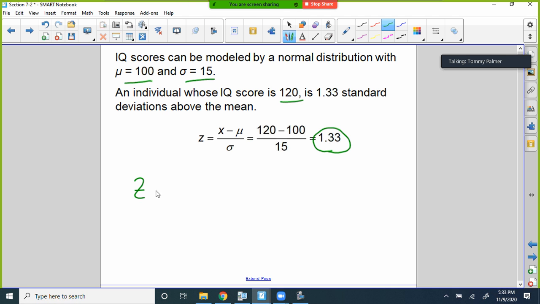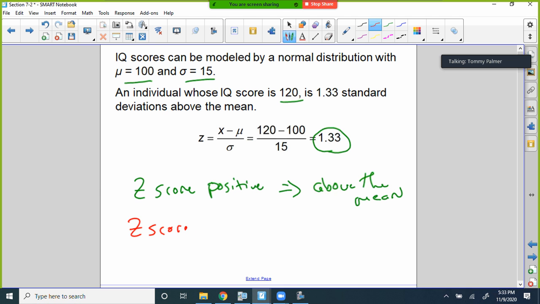So you've got to think about it like this. If the z-score is positive, then it is above the mean. If a z-score is negative, then it's going to be below the mean.